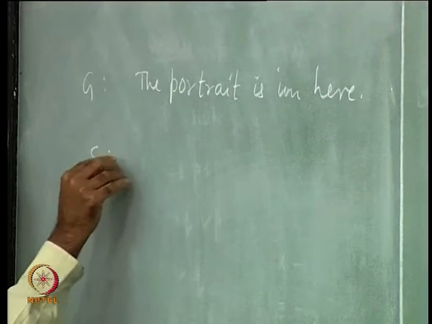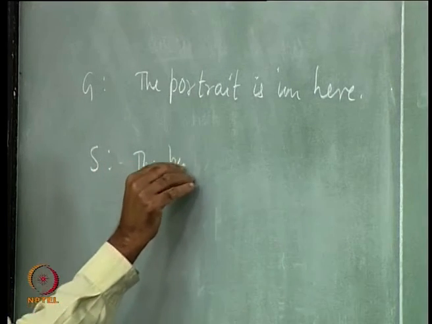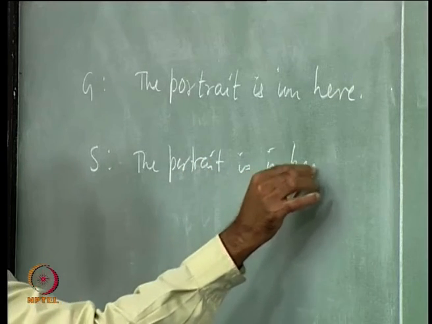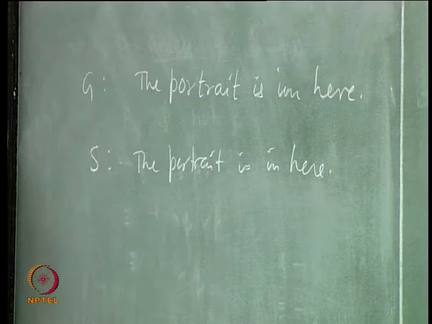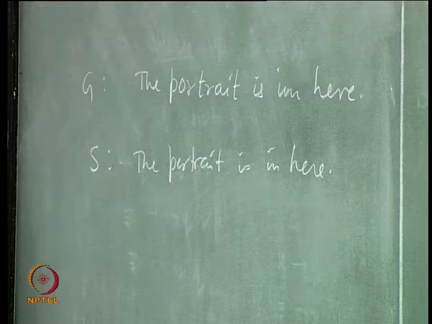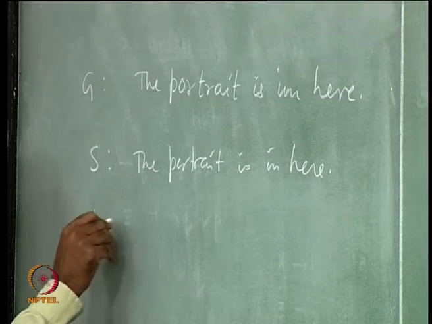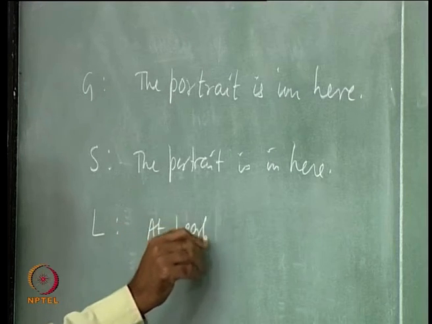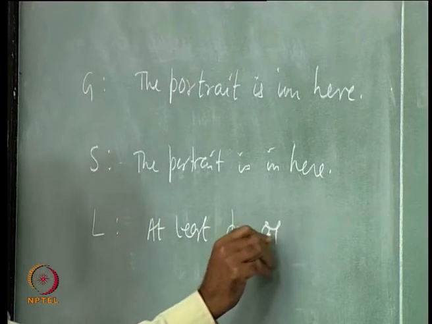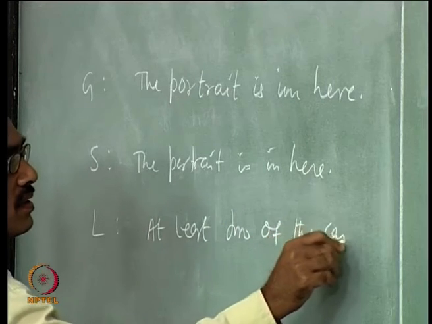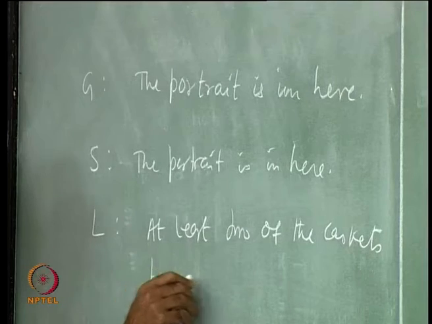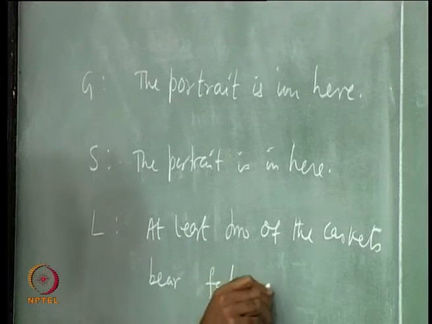On the silver casket it is written: the portrait is in here. Now, you see all of them cannot be true together. And on the lead casket it is written: at least two of the caskets bear false inscriptions.